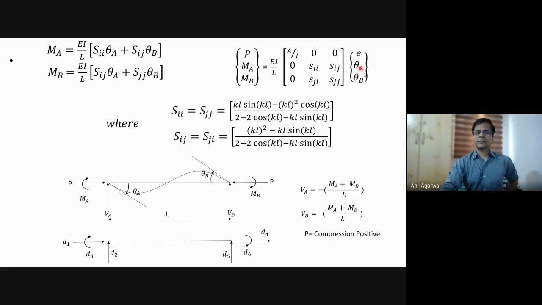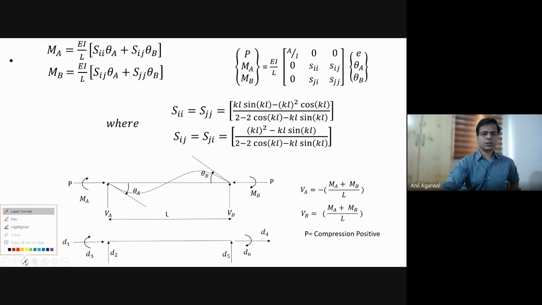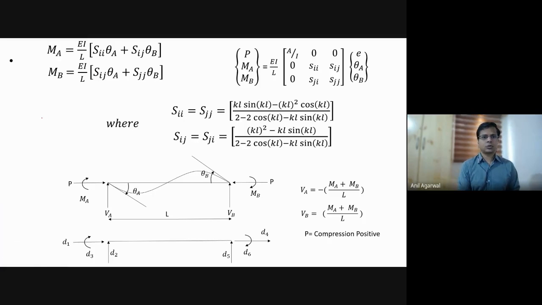Right. Likewise, if you look closely, theta A is the rotation with respect to this axial line. Right? In a frame formulation that we had developed before, that was not the theta A, theta B value actually. So this may be okay as long as it is not swaying.